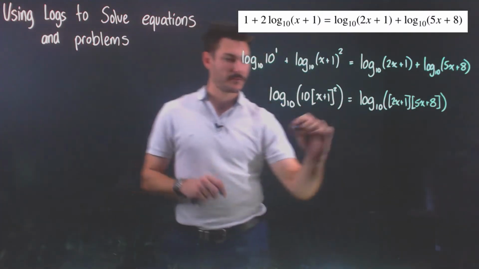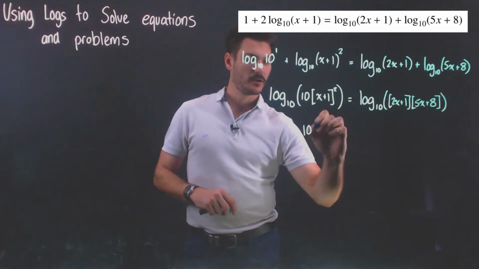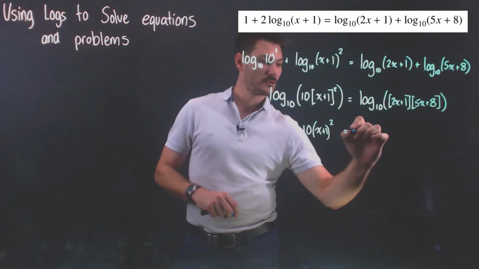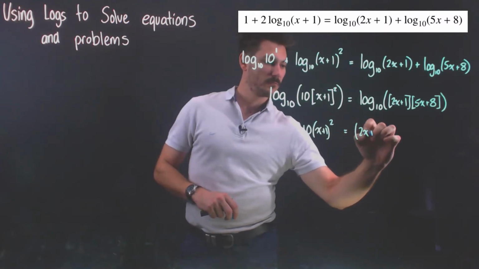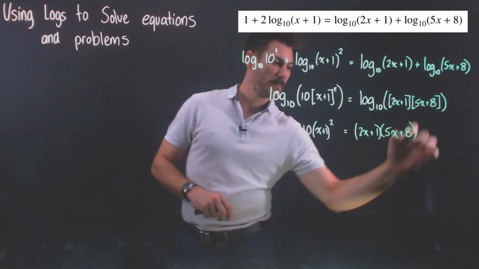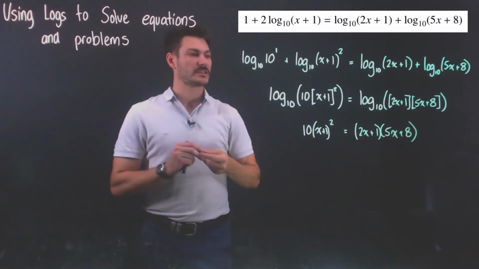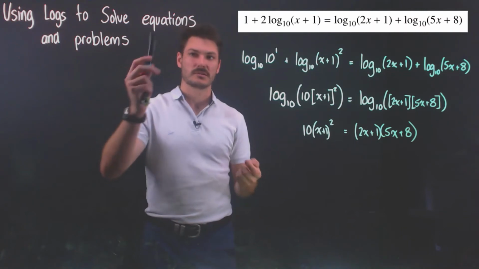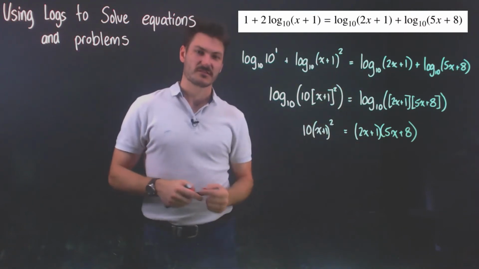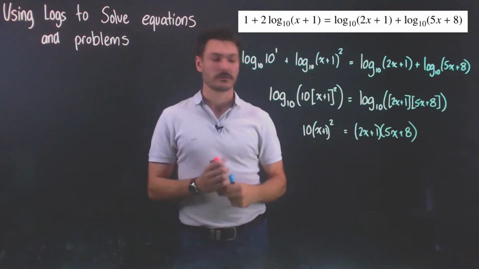No, I'll save that for now. I'm just going to say 10 lots of x plus 1 squared is equal to 2x plus 1 multiplied by 5x plus 8. So we've changed this equation that was in terms of logs into an equation which is just in terms of x, and it's just a regular old solve now.